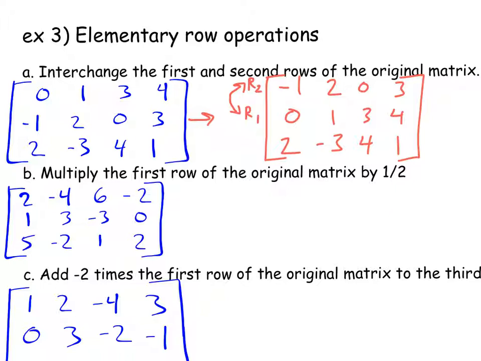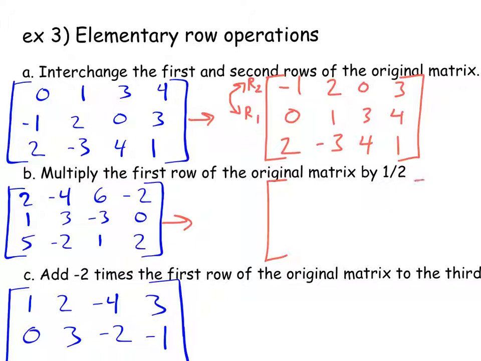So that's what interchanging 2 rows would look like. It's an operation with matrices that is allowed. It doesn't change the value. I shouldn't say the value, that refers to a number. It doesn't change the meaning of the matrix. It's a justifiable step that you can do.